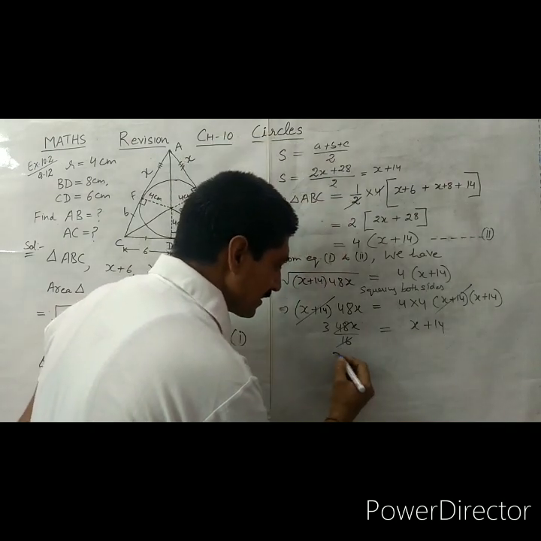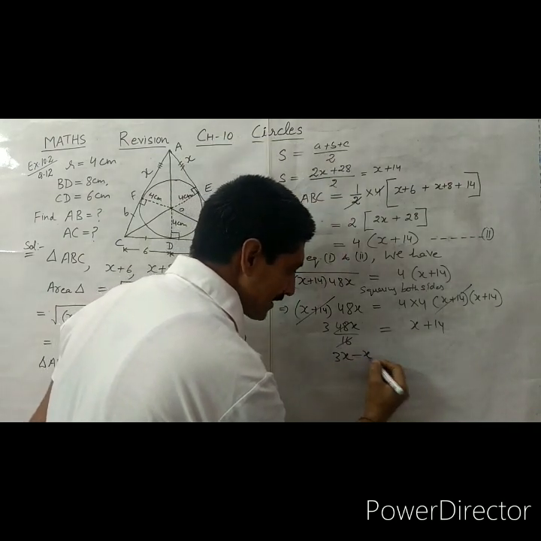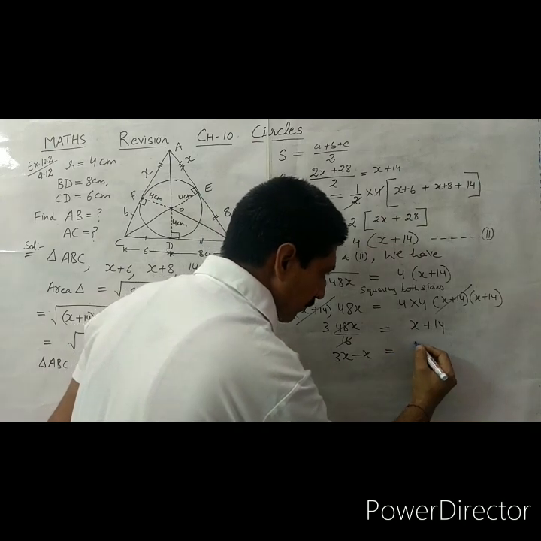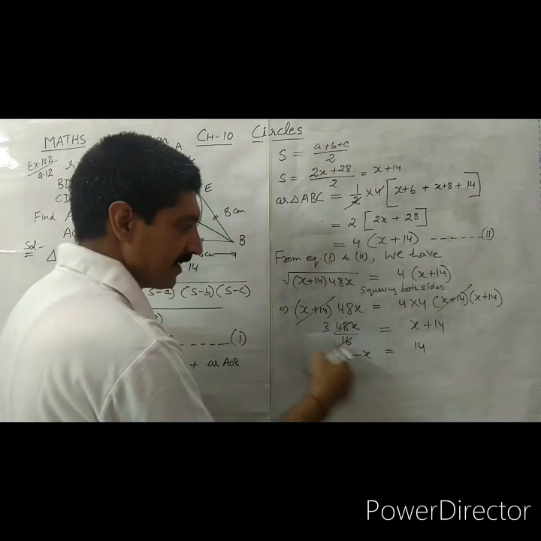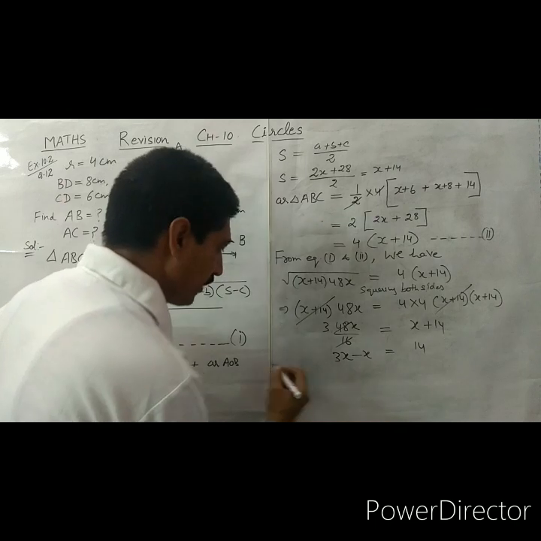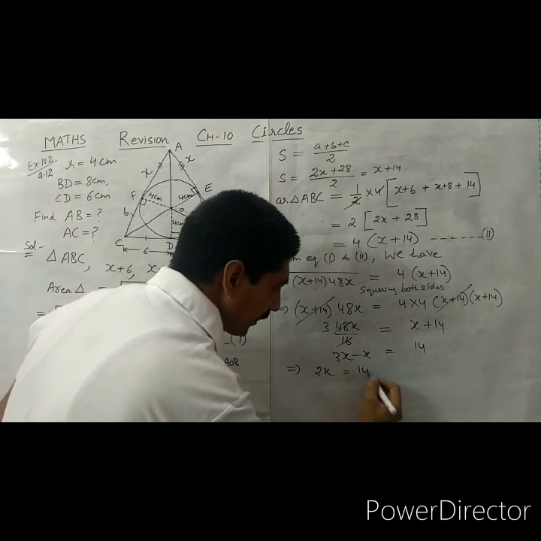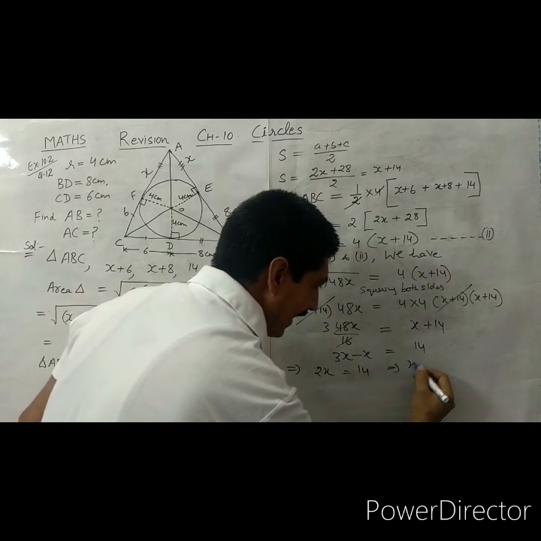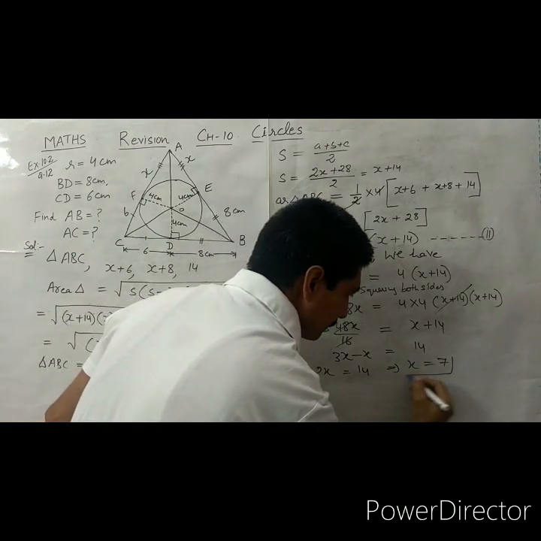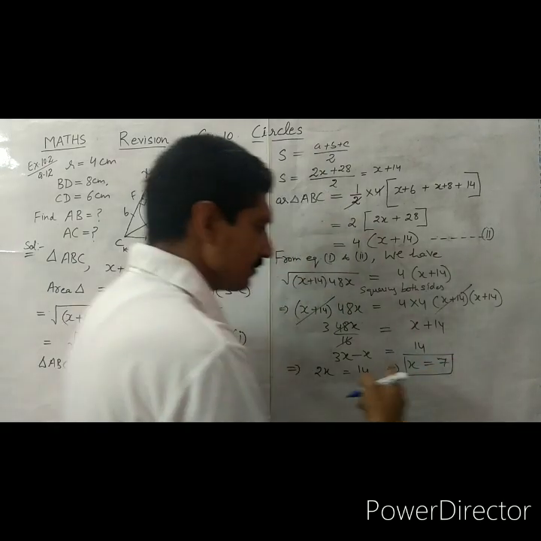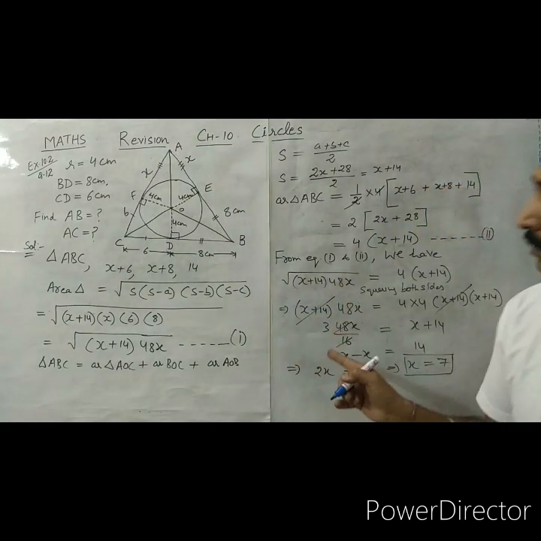So we have 3x minus x is equal to 14. This x I am taking left hand side. So we have left here with twice of x is equal to 14. This further implies that x is equal to 7. So I hope you are clear with the calculation here.